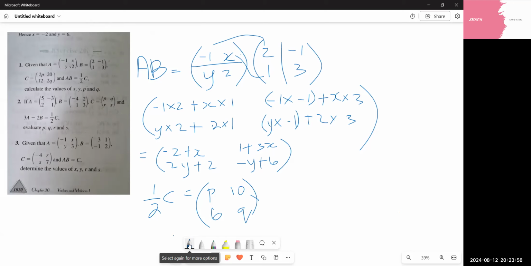Now the question says that AB is equal to half C. So now that we've found AB and half C, we have to equate those two matrices. And we know that if two matrices are equal, then corresponding elements are equal.